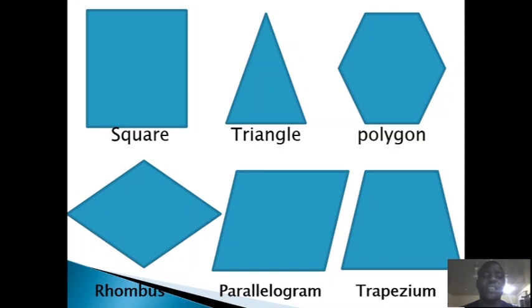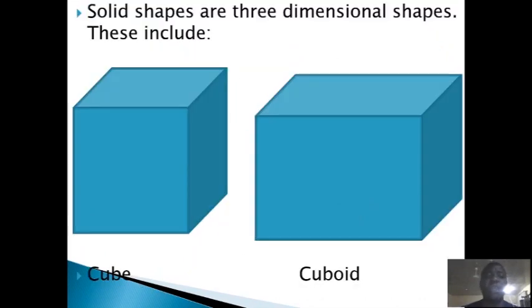The third is a circle. The fourth is a triangle. The fifth is a polygon. The sixth is a rhombus. The seventh is a parallelogram. And the eighth is a trapezium. All these are examples of plane shapes.